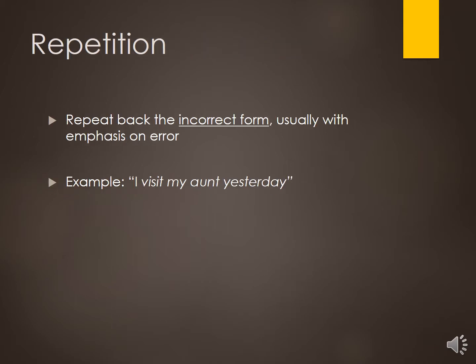We have repetition, which is saying it back to the speaker in a way that gives the impression that maybe there's a misunderstanding. So, "I visit my aunt yesterday?" and the hope is that the speaker is going to go, "Oh no, sorry, visited my aunt yesterday." So it's saying it back incorrectly to get the speaker to hear the correct way.